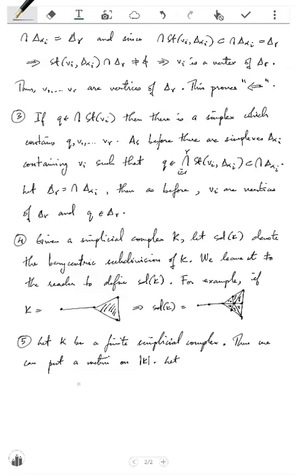So let the diameter of K be equal to the maximum over all vertices of the diameter of the star of v.